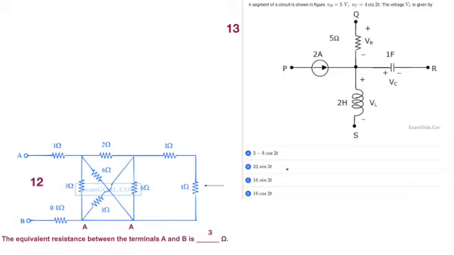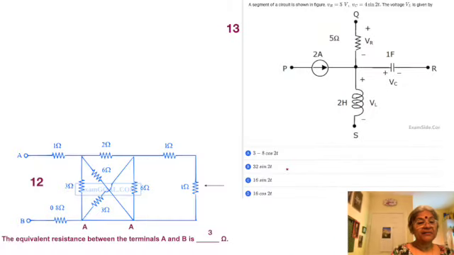So now we move on to problem number 12. As can be seen, it is a network with many resistances, and what is asked is the equivalent resistance between the terminals A and B. When you are supposed to find the resistance between terminals at one end, you start the assessment from the other end.